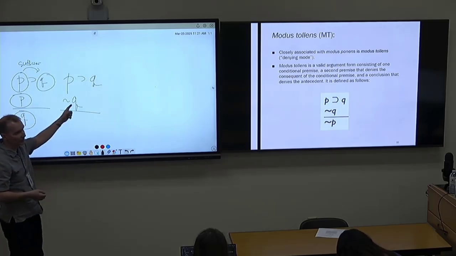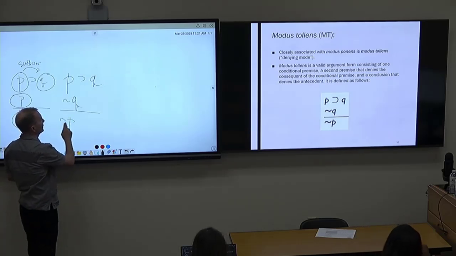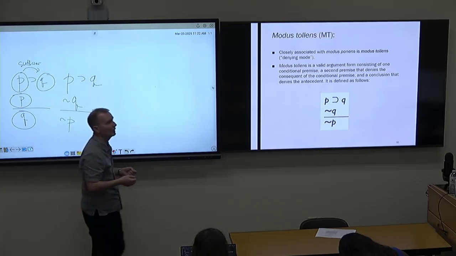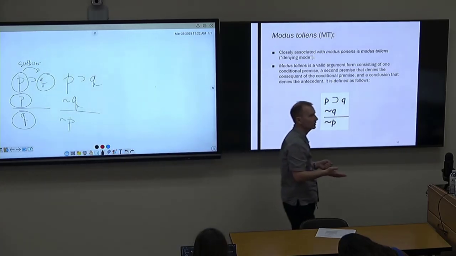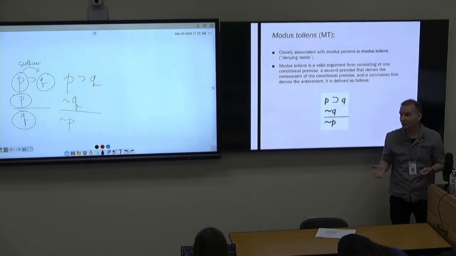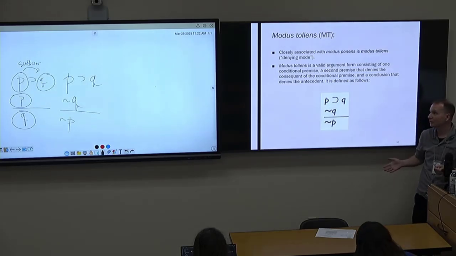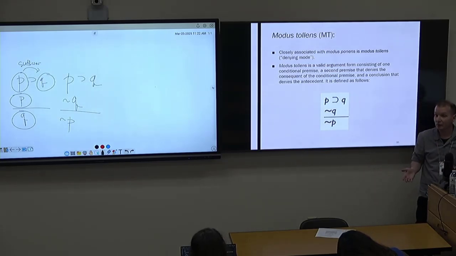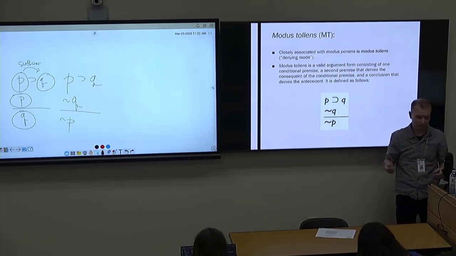So if the necessary condition is not satisfied, then of course we can say that it cannot be P, because P only leads to Q and Q is a necessary condition. So that's this form. We're not going to do a proof on it, but trust me and you can do it yourself. It is also a valid argument. It can never have a false conclusion assuming these premises are true.